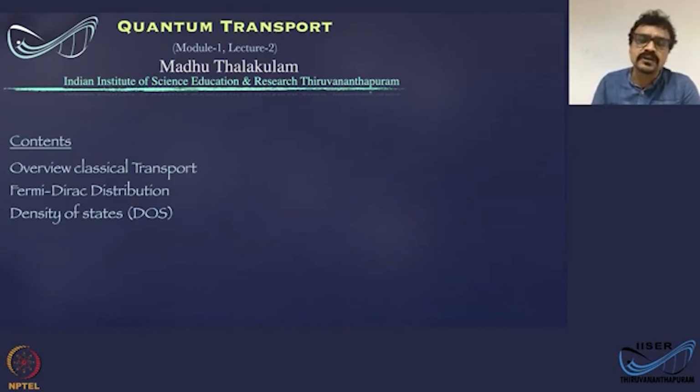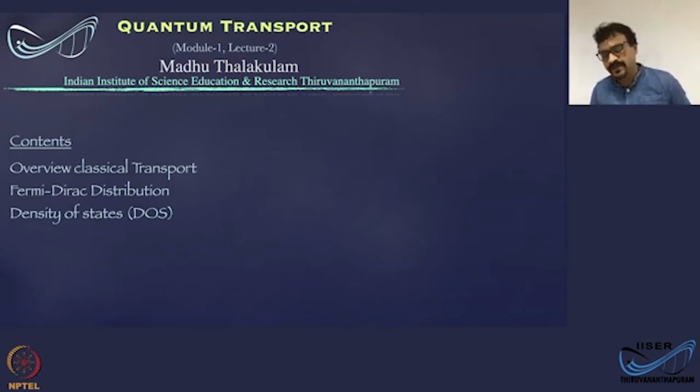So before we dwell into the details of quantum transport, let us quickly revisit the classical transport, okay? And in that framework of classical transport, let us make incremental progress, incremental changes to various parameters, various terminologies, various quantities, and we will treat the transport on various low dimensional systems one by one.